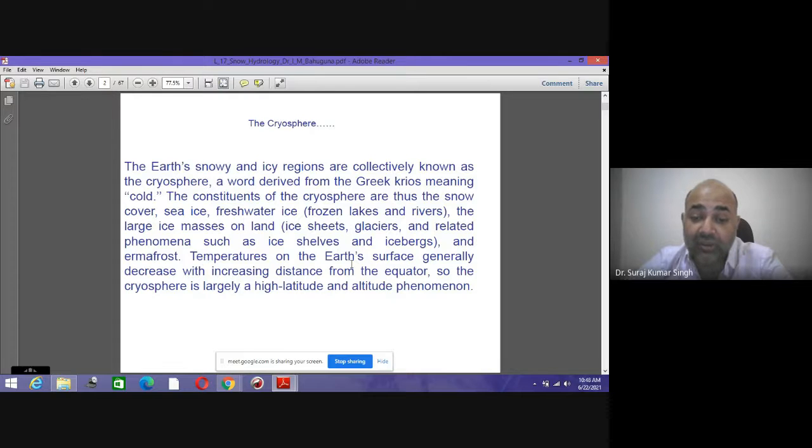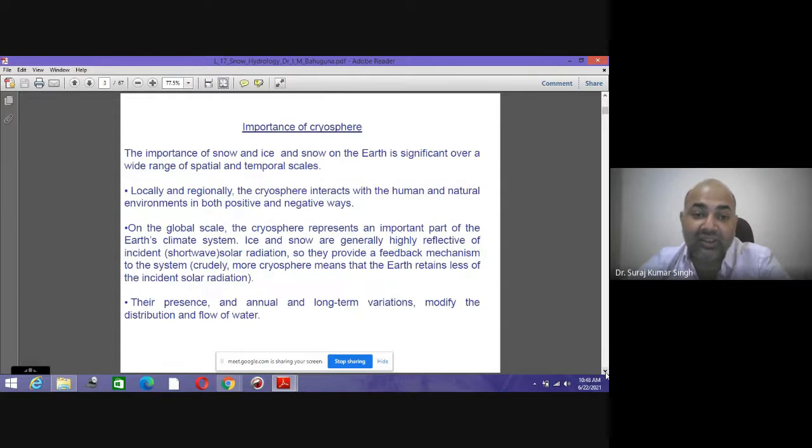So temperature on the Earth's surface generally decreases with increasing distance from the equator. So as cryosphere is largely at a high altitude, and the altitude phenomena that we have already studied. So what is the importance of cryosphere? The importance of snow and ice on the Earth's surface is significant over a wide range of spatial and temporal scales.